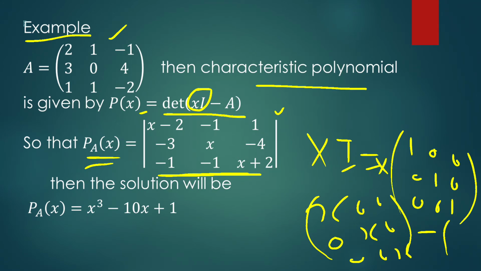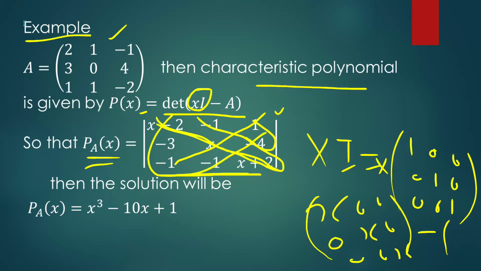We did something like this: if you multiply the main diagonal, that's positive, next positive, then the others negative, negative, negative.